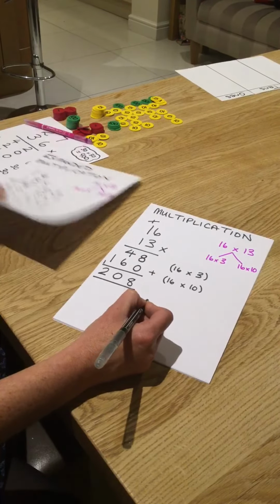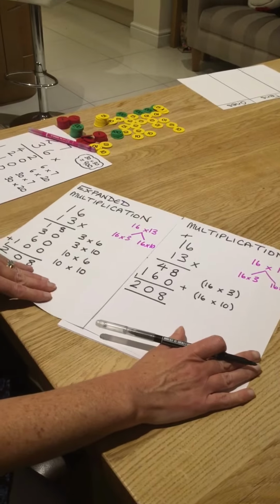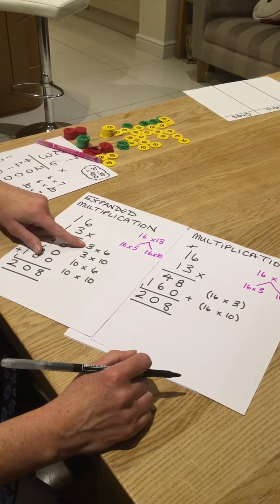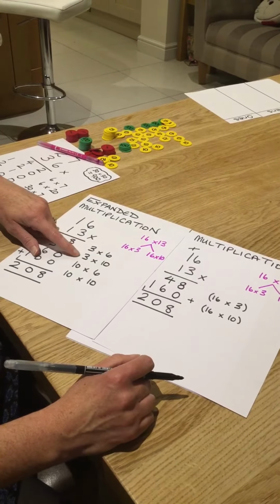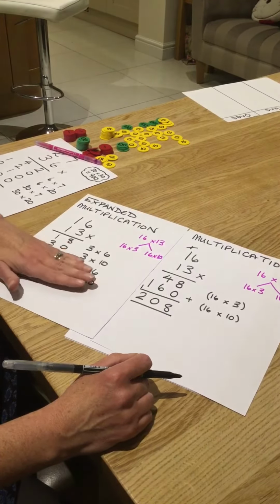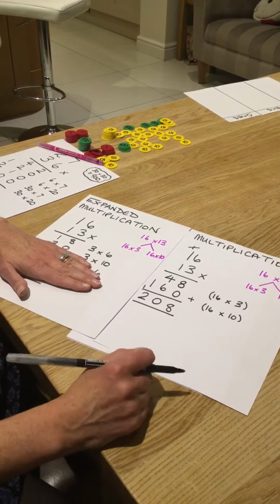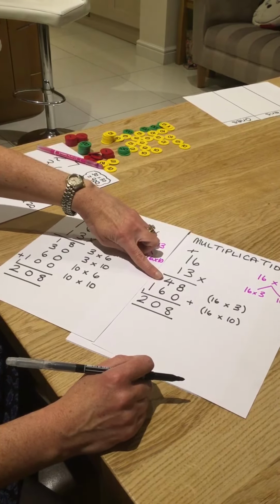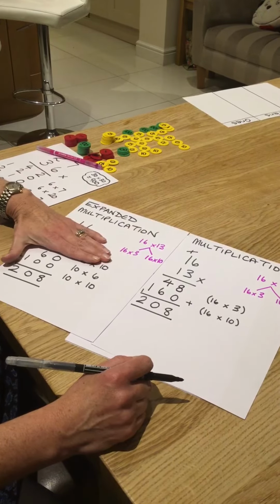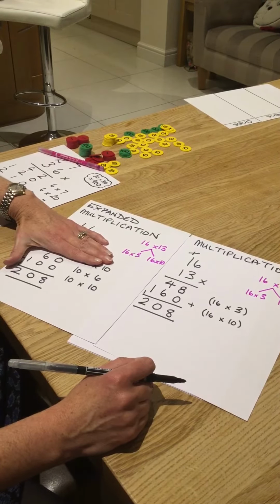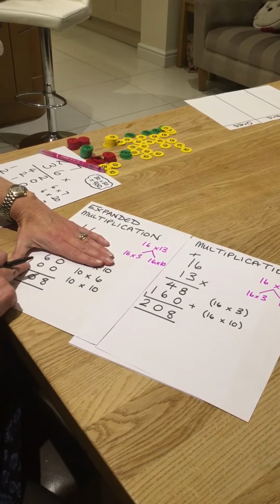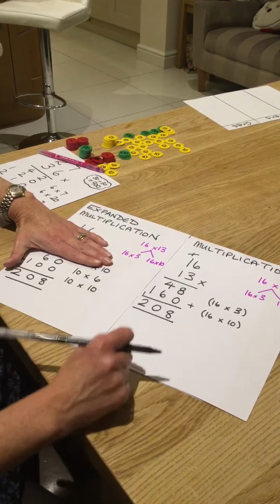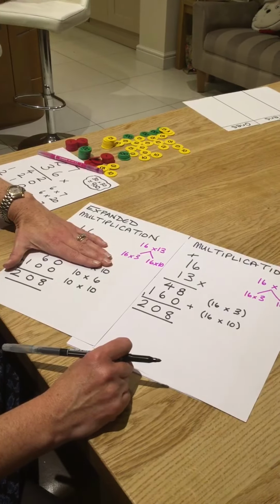If we compare this to the expanded multiplication, we can see that 3 times 6 plus 3 times 10 is 30 plus 18, the same as 48. 10 times 6 plus 10 times 10 is 160, the same as 16 times 10.